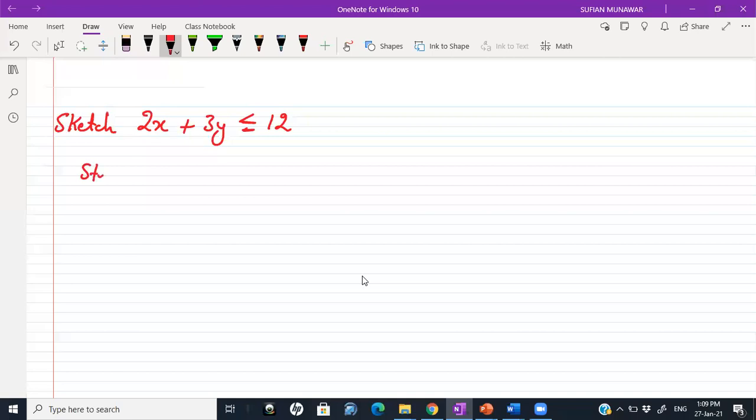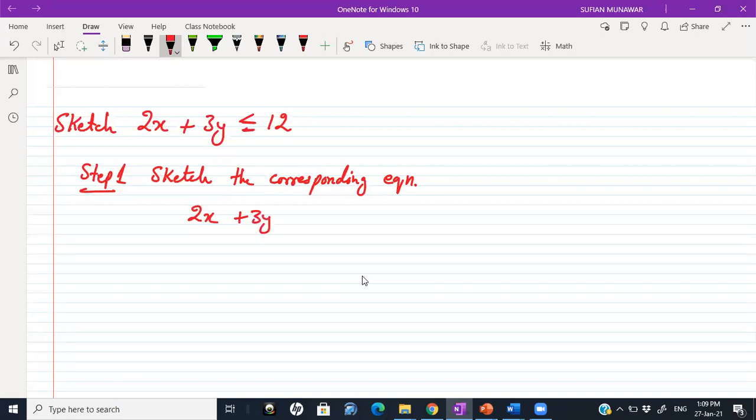Step one: sketch the corresponding equation. The corresponding equation will be 2x plus 3y equal to 12. You know from the previous lecture how to make a sketch of this equation.